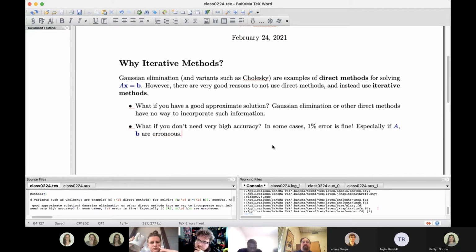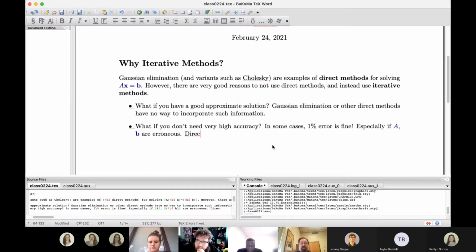Suppose A and b result from some measurements, and maybe those measurements are not very precise, or there's a lot of uncertainty. Uncertainty quantification is a big deal in math. It's one of those things like machine learning. These are the areas of math we're supposed to care more about now. So if there's a lot of uncertainty in the model that your Ax = b comes from, there's no point in trying to get a solution that's fully accurate except for round-off error, like getting 15 decimal places correct, when you already have some error in your model that's much larger than that.